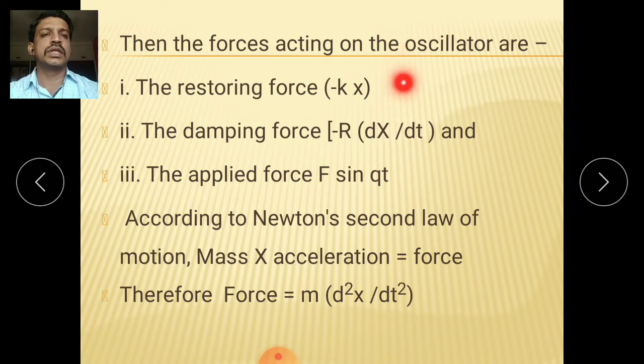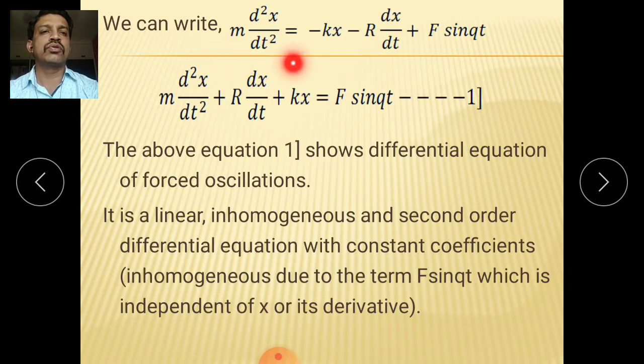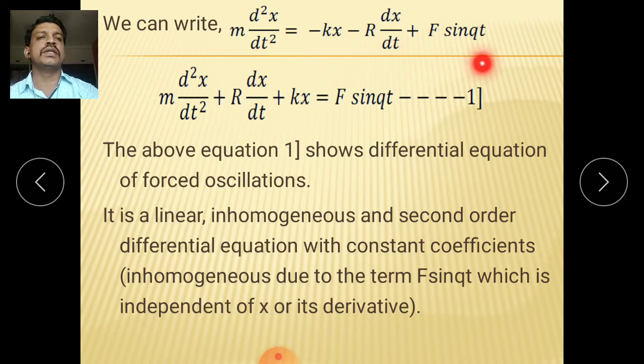These three different types of forces act on the pendulum. The first force is minus kx, so force equals minus kx minus r dx by dt plus F sin qt. But the force is given by m d2x by dt square, therefore m d2x by dt square equals minus kx minus r dx by dt plus F sin qt.